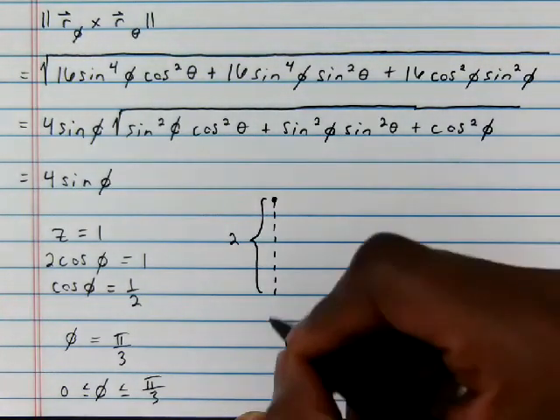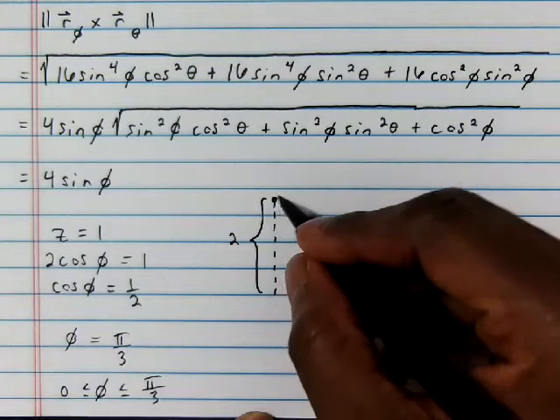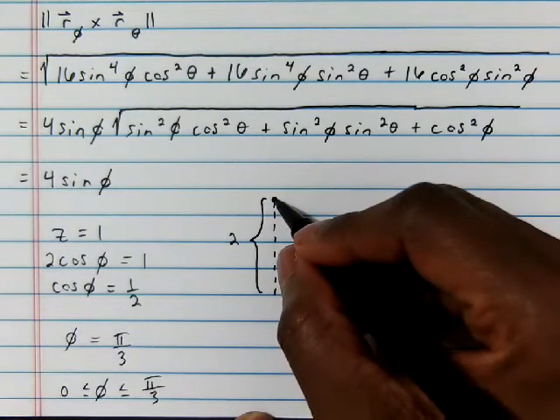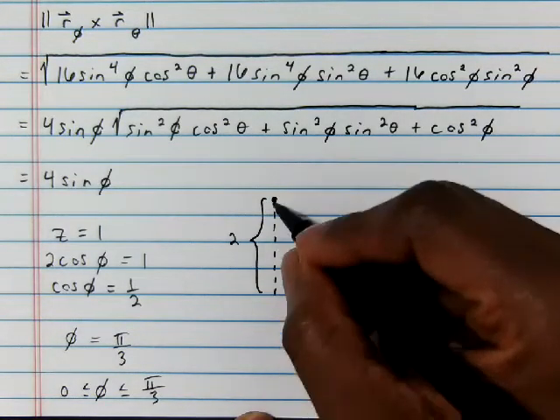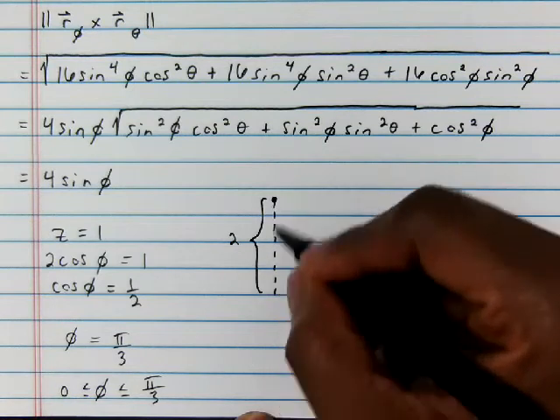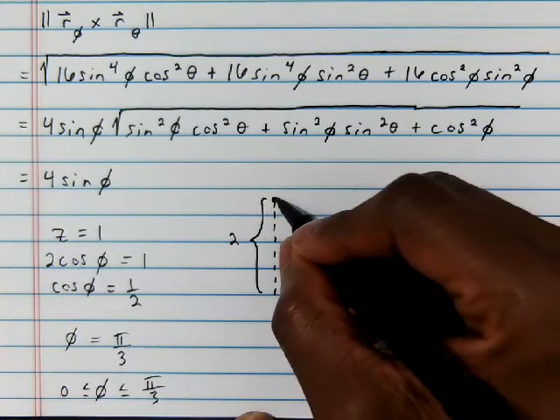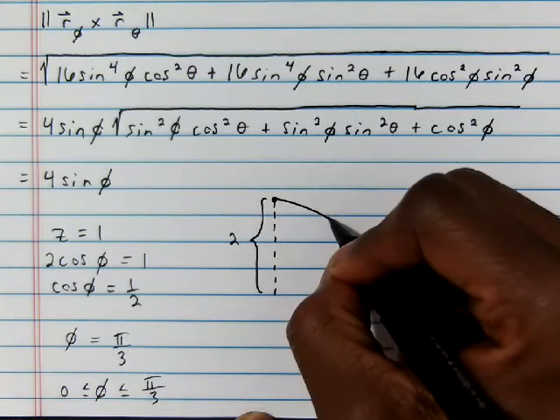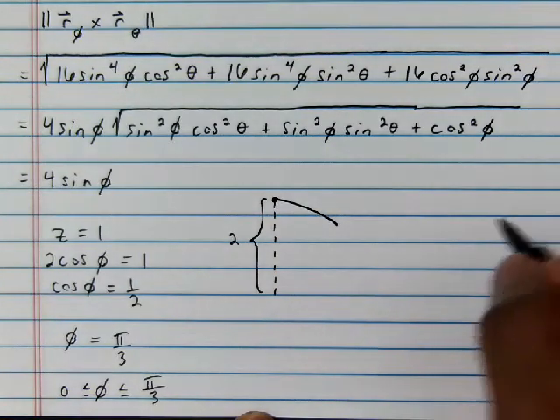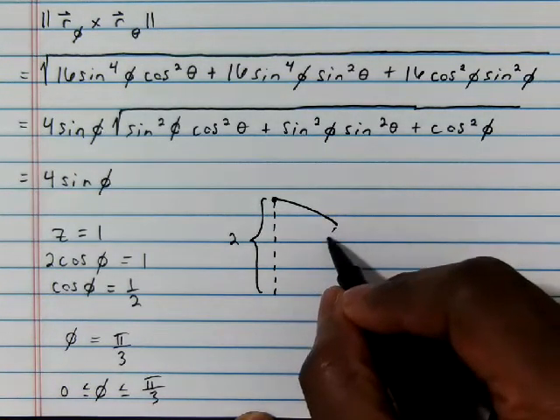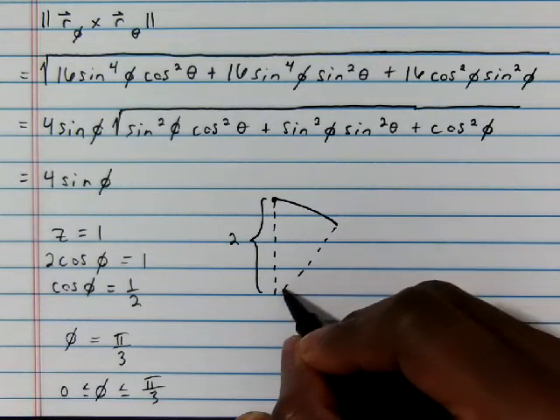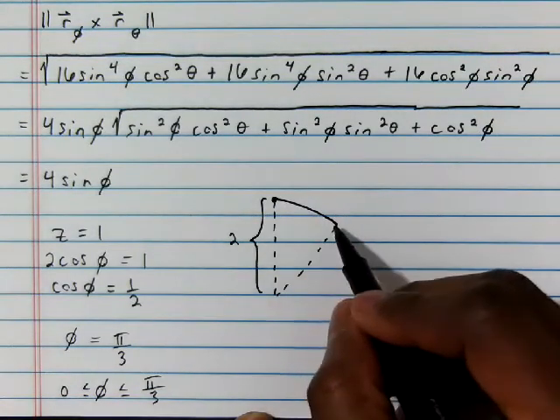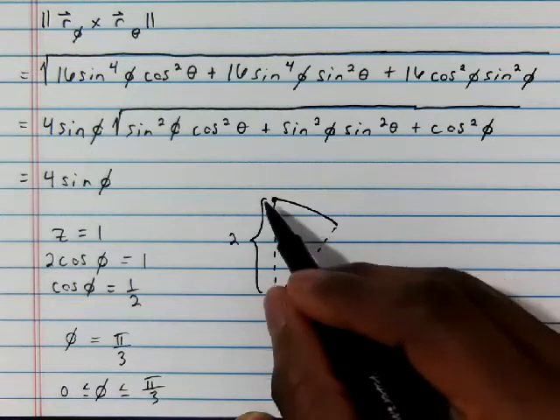The only part that's going to trace anything out, right now it's at an angle of phi equals 0, if I take it down to an angle of pi over 3, the only thing we get is right there with the rho being fixed at 2.